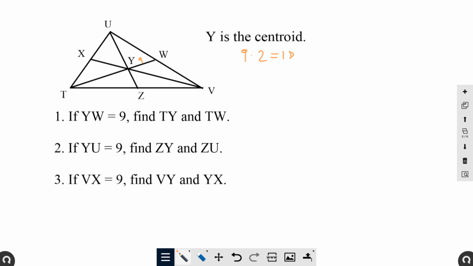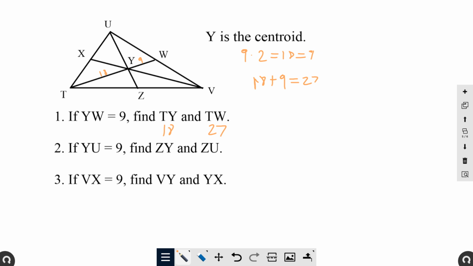And to find TW, we have to add all of that together, and 18 plus 9 equals 27. So TY is 18, and TW equals 27.